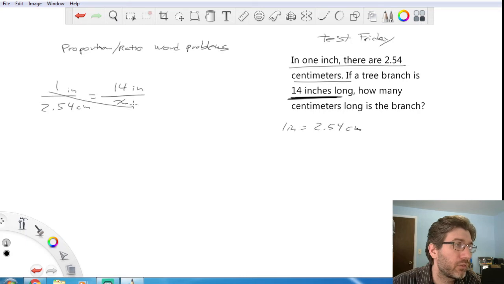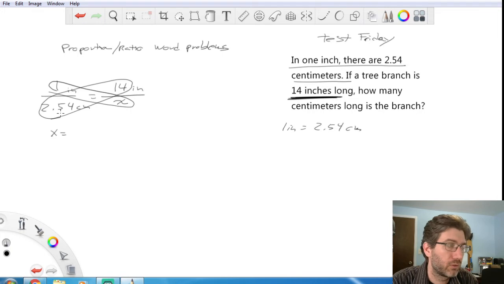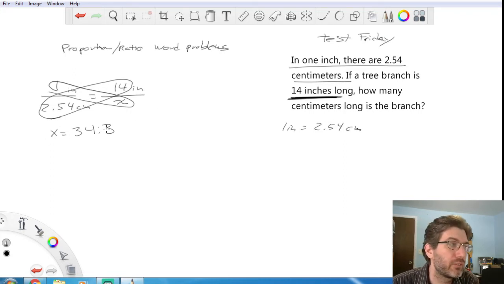So 1 times x gives you x. 2.54 times 14 gives you an ugly number. Gives you 34.3. And x is already by itself, so your answer is 34.3 centimeters.